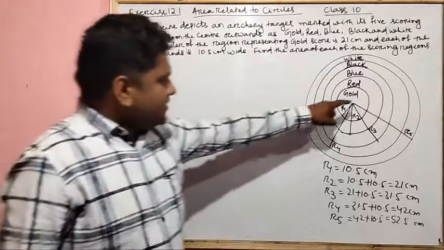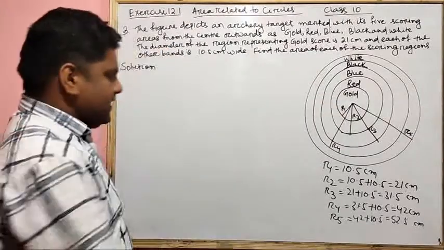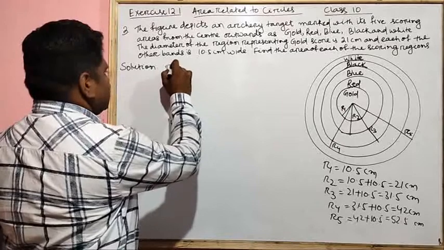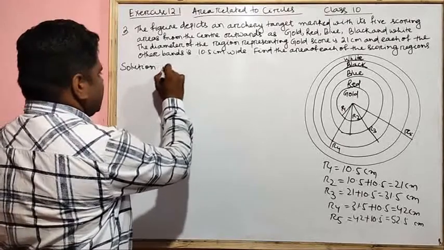See, the gold region is a circle, we have to find its area, that will be pi R1 square, area of gold region.